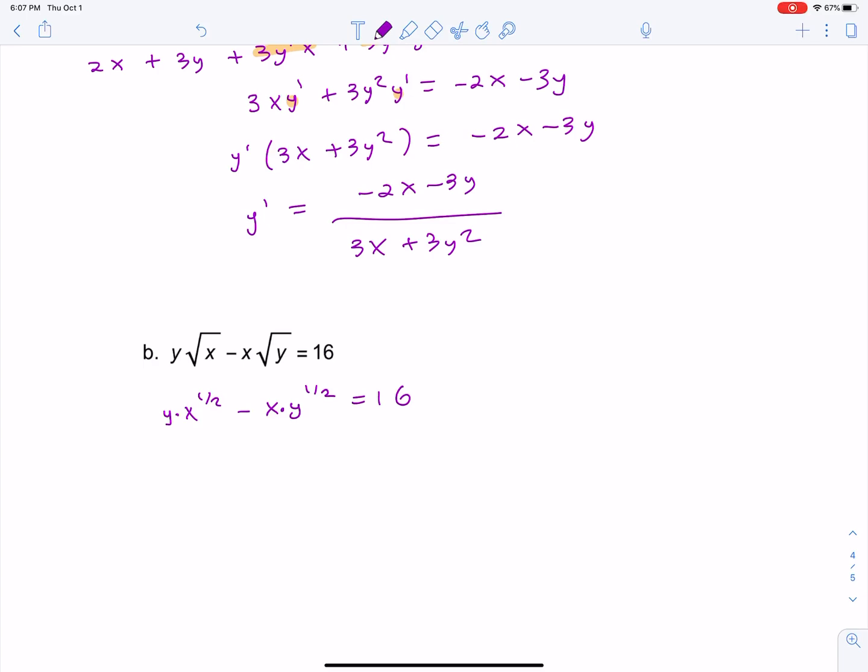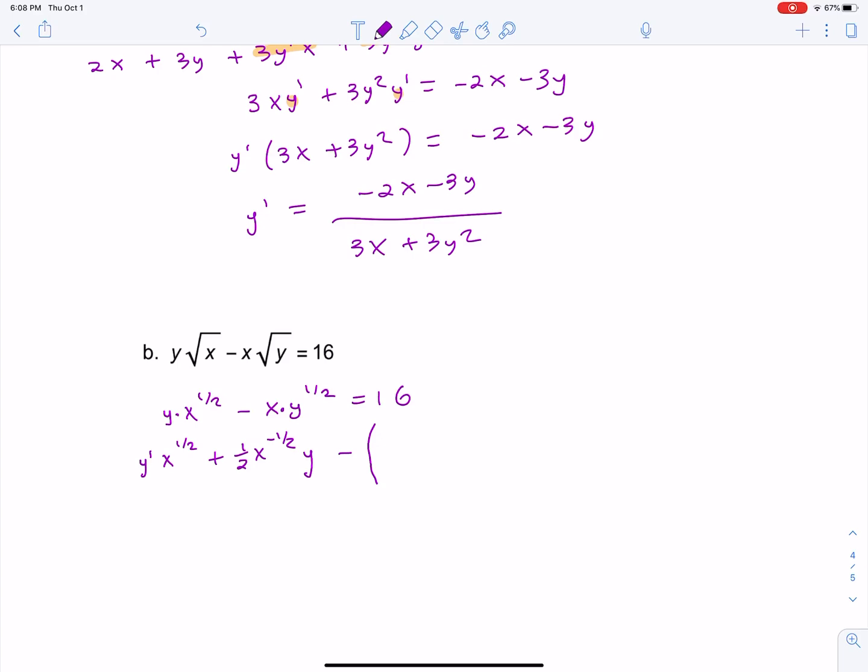So let's do it. So take the derivative of y, we get y prime times the first, which is x to the 1/2, plus, now I'm going to do the derivative of x to the 1/2, which is 1/2 x to the negative 1/2 times the first function, which is y. Then, moving on to the next term, we get minus. I'm going to put this in parentheses.